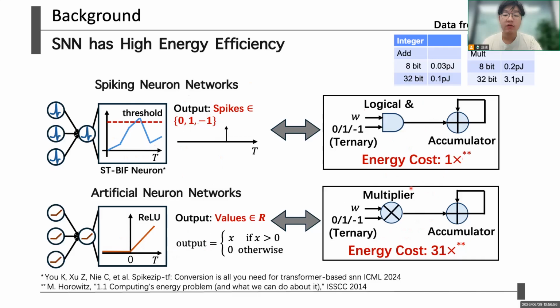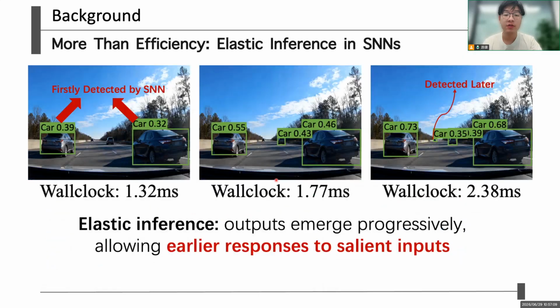Many studies have focused on leveraging the high energy efficiency of SNN, but this leads to a natural question. Can SNN offer benefits beyond energy efficiency? In this work, we found that SNN exhibits an interesting behavior. Their outputs emerge progressively, as shown on the left.